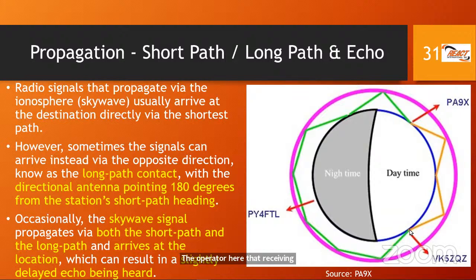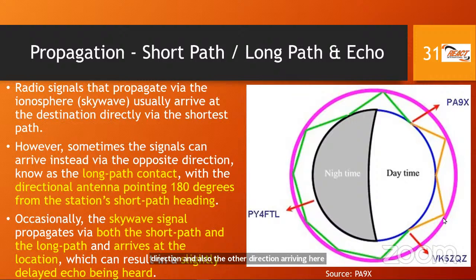So you'll get a sort of echo effect. You'll hear the voice, and then maybe a millisecond after you'll hear the same voice again, and it will sound like an echo. And that is because the signal going via the skywave is bouncing off of the ionosphere in one direction and also the other direction, arriving here, but at two different times.